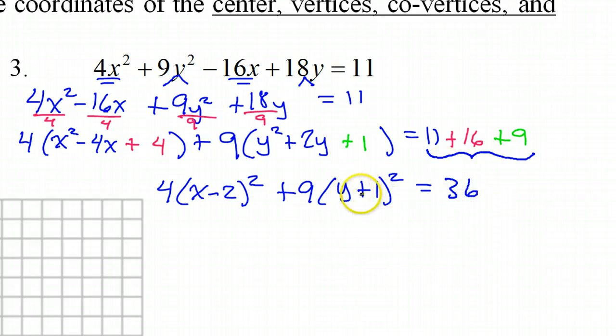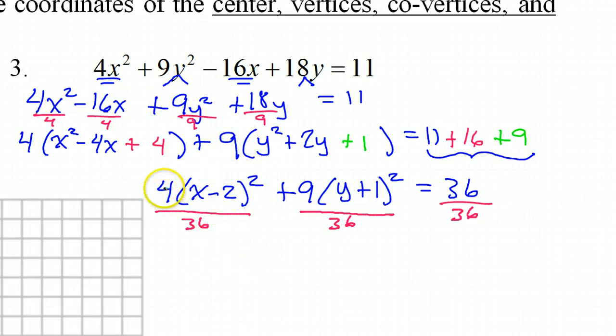Okay, now once again in standard form, an ellipse is going to have a 1 over here. So I'm just going to divide everything by 36. Okay, so 4 goes into 36 9 times.